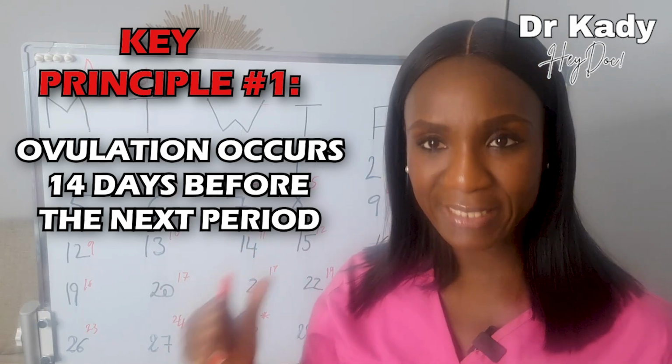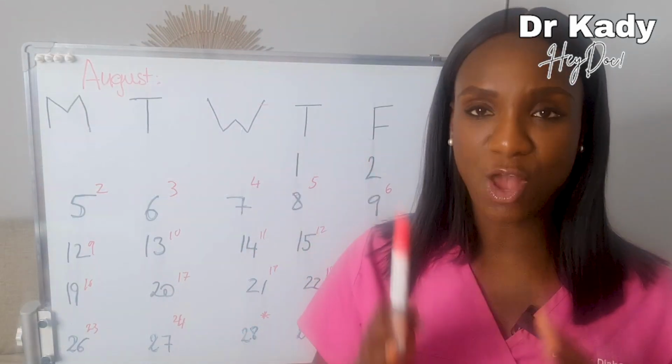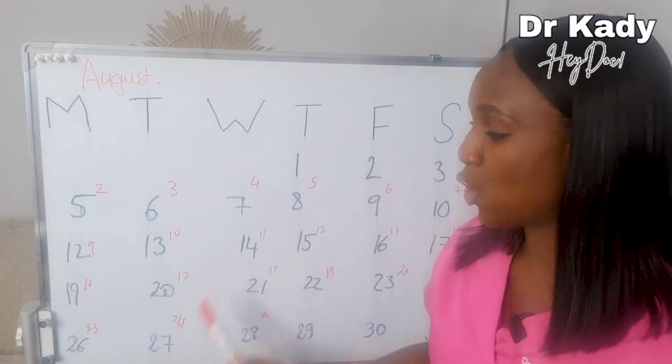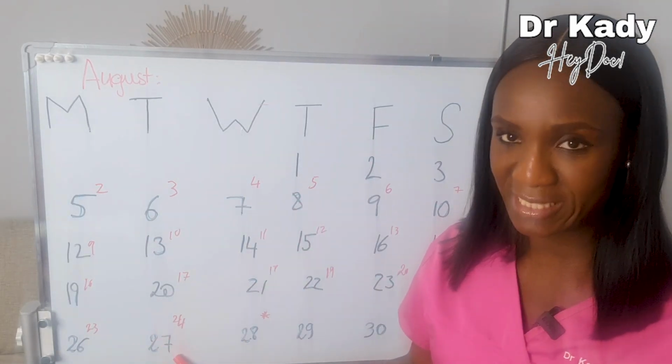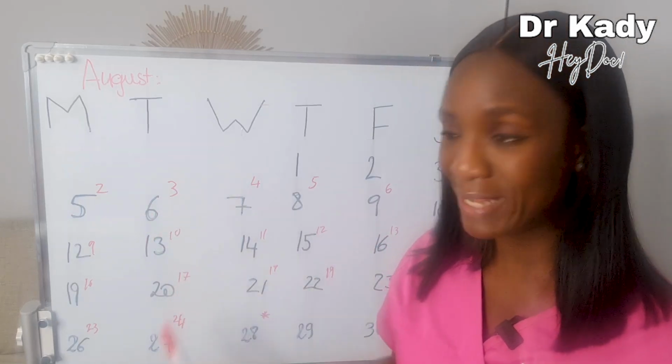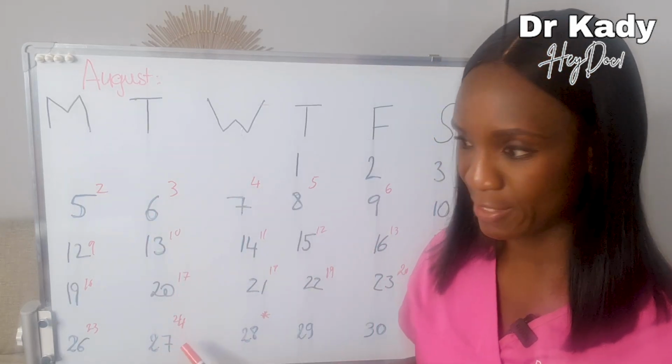So let's go back to our calendar. The last day of the menstrual cycle that we are describing here is on the 27th of August. And that was the 24th day of that cycle.